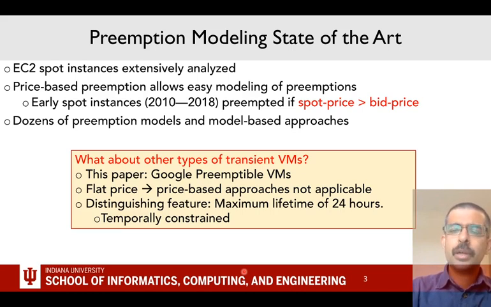And second, they have a maximum lifetime of 24 hours. That means that the cloud provider will forcibly preempt any preemptible VM which has reached the 24-hour mark. And it can, of course, preempt it at any point within this 0 to 24-hour interval. So we call these temporally constrained preemptions.